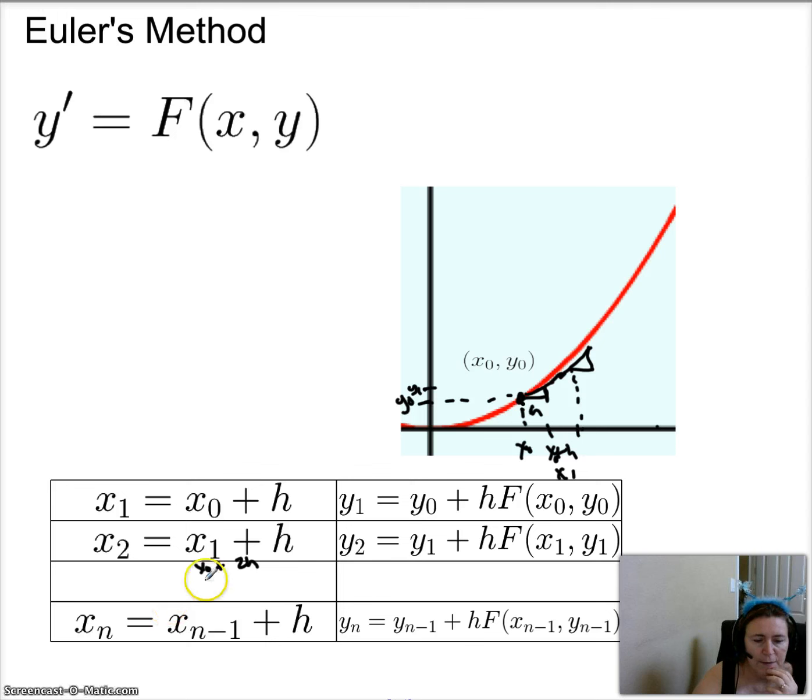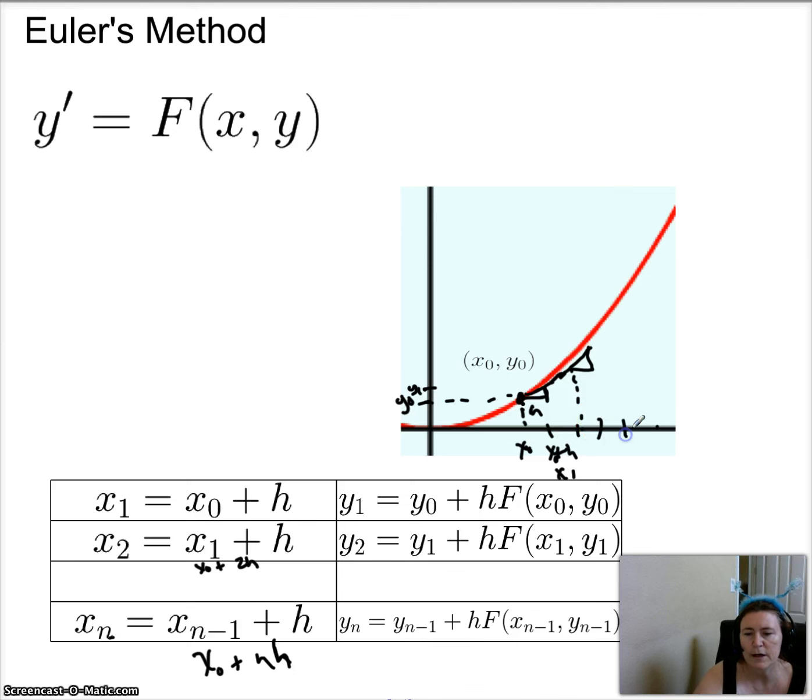Now it turns out that our final point, xn, is going to be xn minus 1 plus h, which another way to write is x naught plus n times h, because we're going to have moved over these even increments.